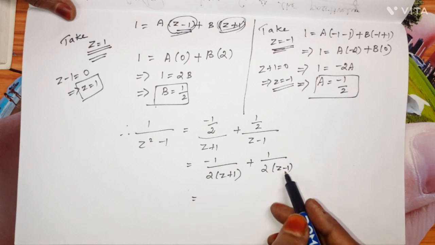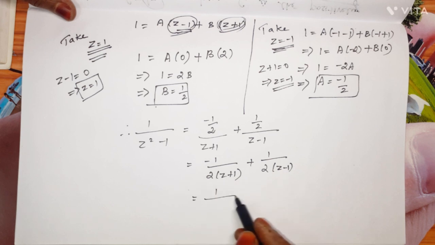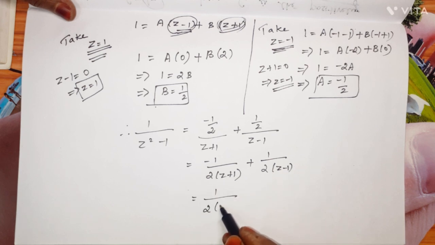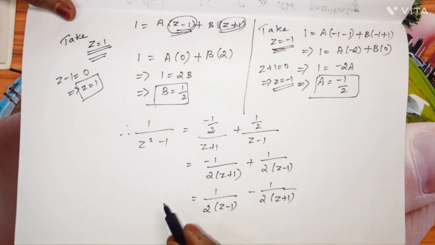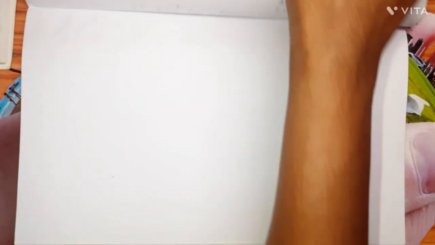I can rewrite this, taking the positive term as the first term. So 1 by 2 into z minus 1 minus 1 by 2 into z plus 1. Now we have split this into linear factors. Now we are going to apply Cauchy integral formula.